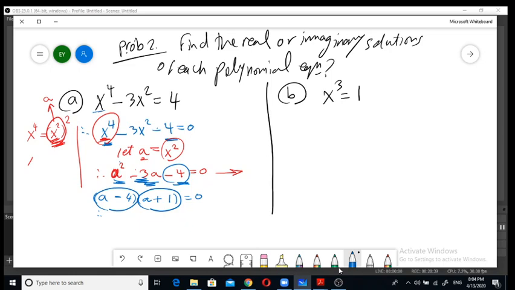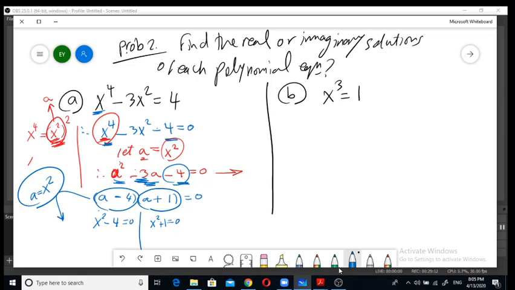But we need to find the solution for x, not for a. So we are going to return back. Then we are going to replace again a by x squared. Then x squared minus 4 is equal to 0, and x squared plus 1 is equal to 0.